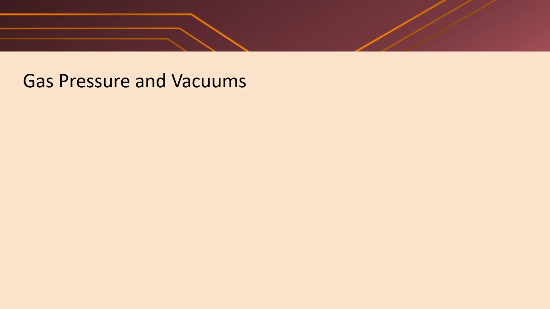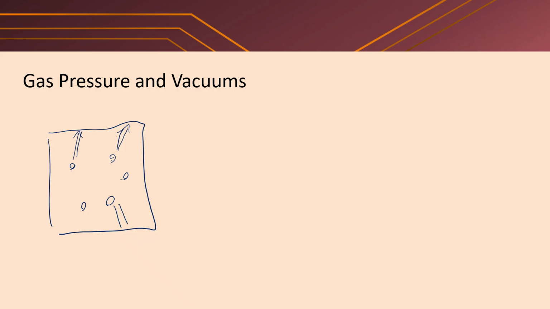So now let's talk about gas pressure. Gas pressure arises when you have a container and you have your particles in the container, and those particles are colliding with the walls of the container. And so the particles are exerting a force, and that force is gas pressure. So the collisions with the container create pressure.